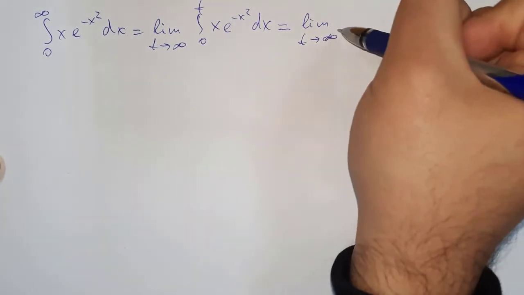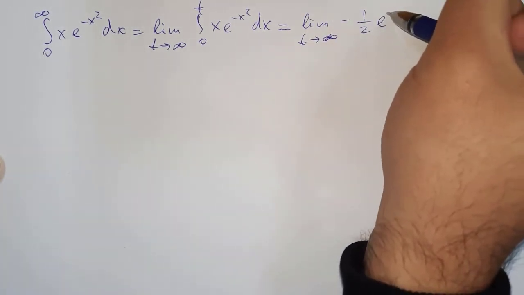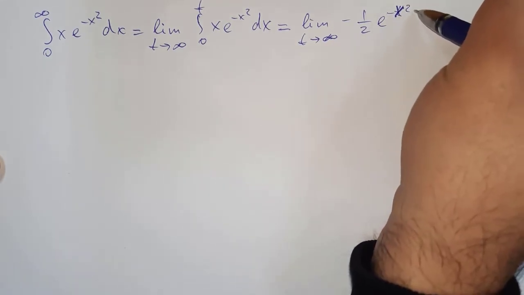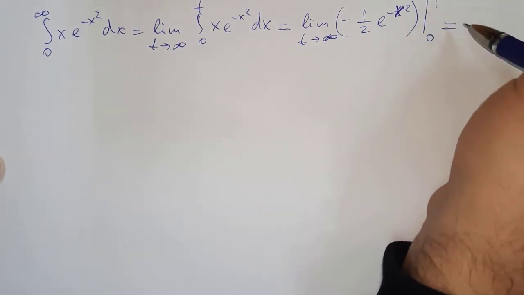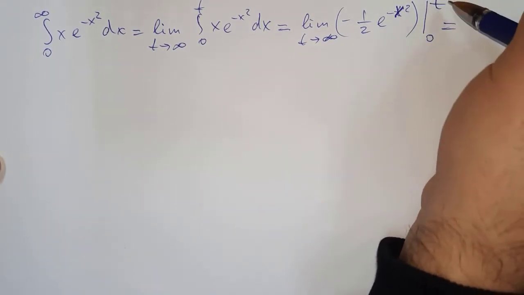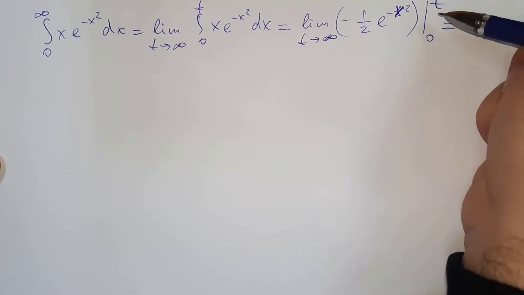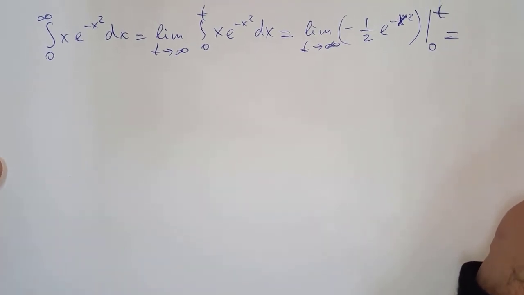We did this integral one time, and we have minus 1/2 e to the power of minus x², from 0 to t, and here we have the following integral now.